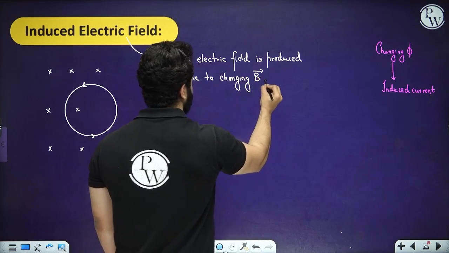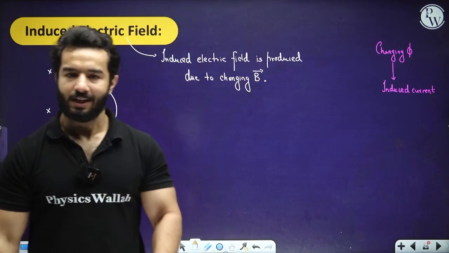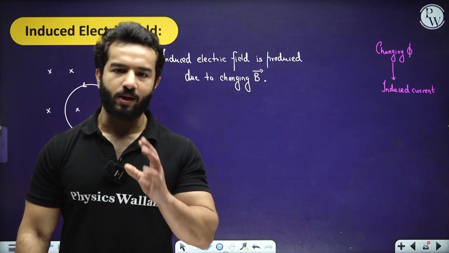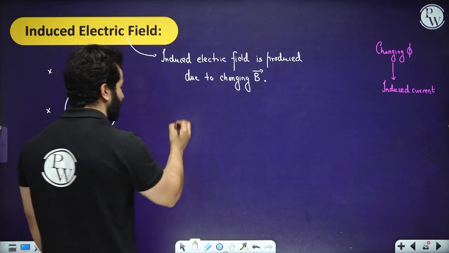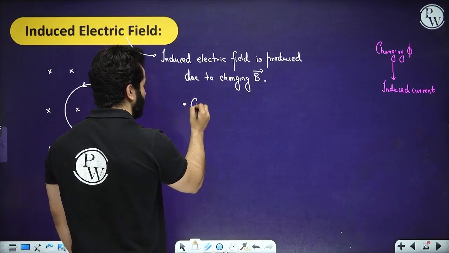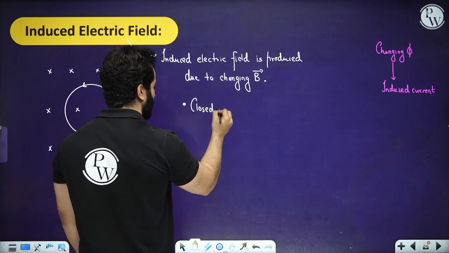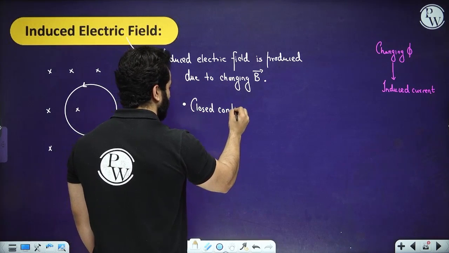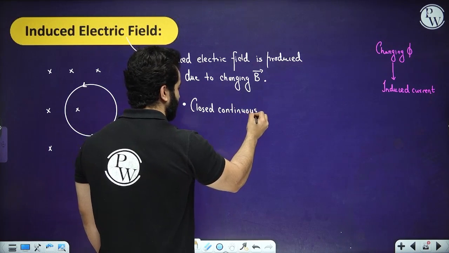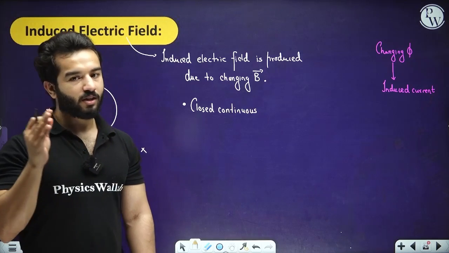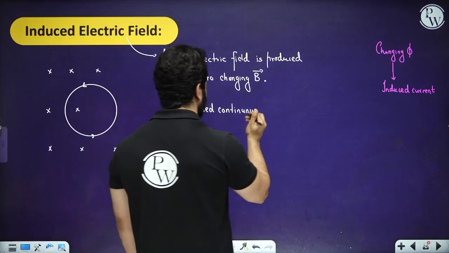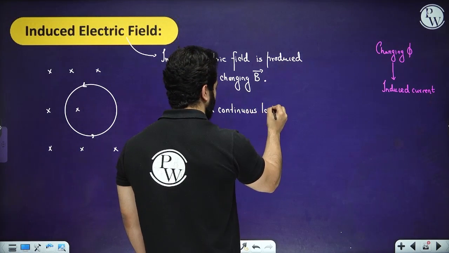Acha, these electric field lines are a little different. These are not your normal electric field lines. These are closed continuous loops. This is a difference with normal electric field lines, that induced electric field lines are closed continuous loops.